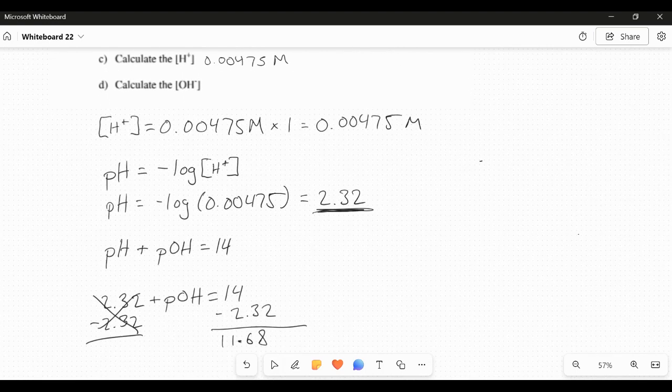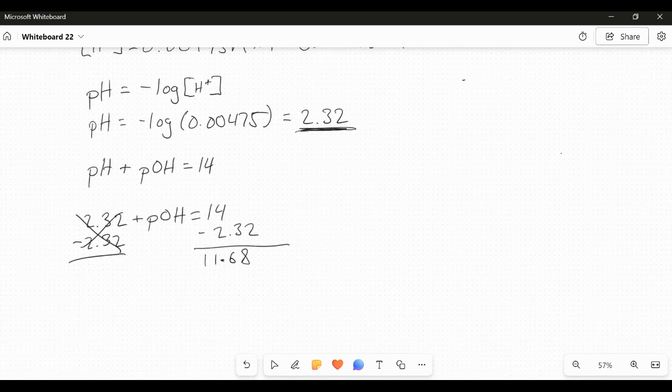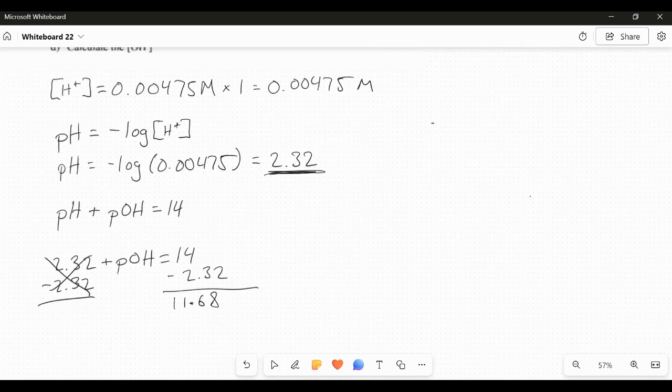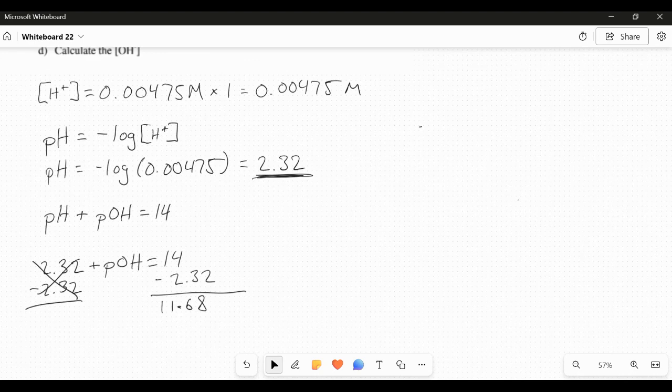Lastly, I need my hydroxide ion concentration. Now, here's the thing. pH and pOH are similarly related to hydrogen and hydroxide. Let me explain. I already told you that the pH is equal to the negative log of hydrogen ions.